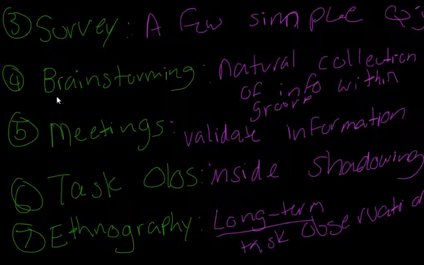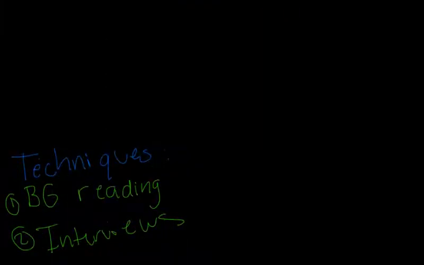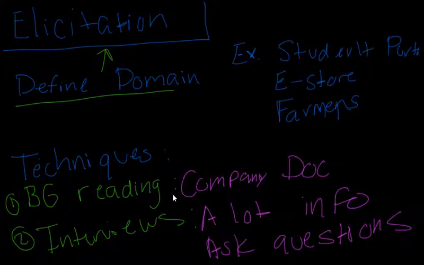And now that we have all 7 of these elicitation techniques down, you know a little bit about them. You should be able to decide which ones are best suited for your software engineering project. Interview is probably one of the most common ones used, so that's always going to be a good route.